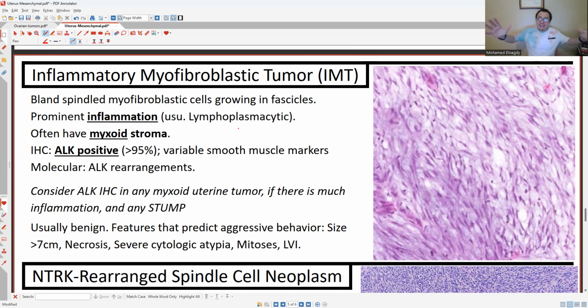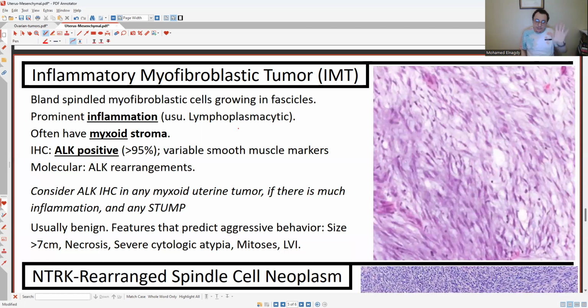Well, yes, there is a mass. And inflammatory means you will see some lymphoplasmacytic infiltrate inside the tumor. This is not the best picture. We have better pictures in the soft tissue notes that I will show you. But you will have some lymphocytes and plasma cells infiltrating. That's why we call it inflammatory.